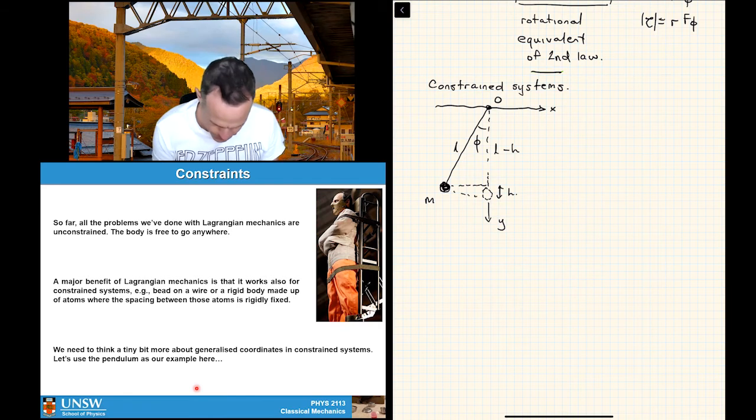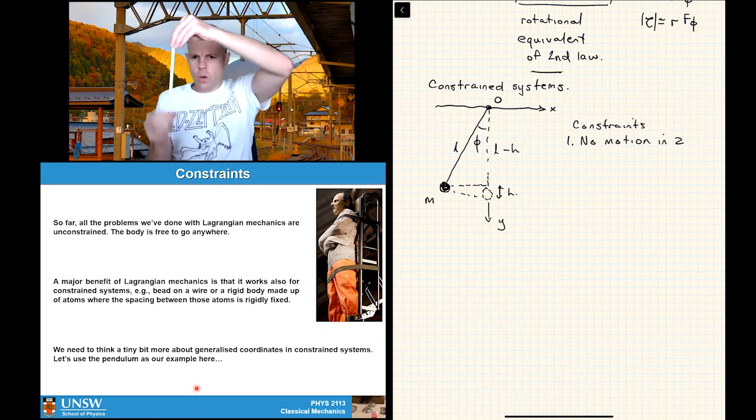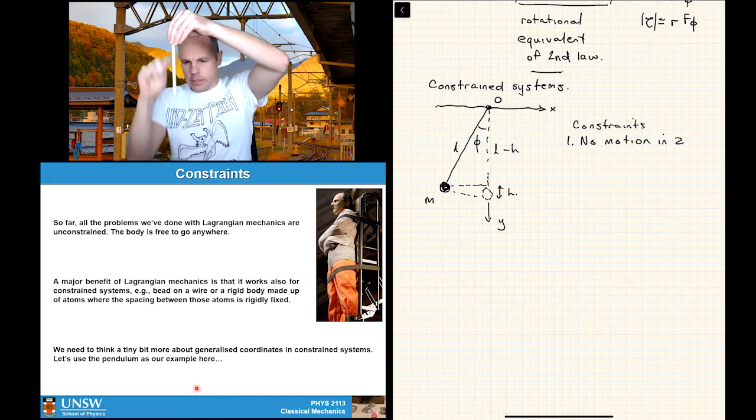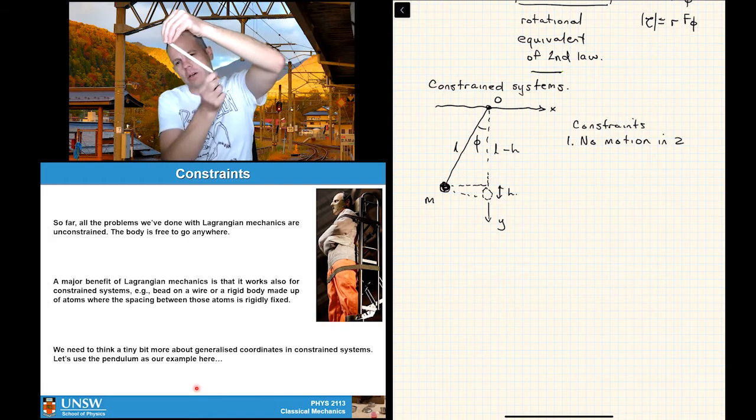So no motion in Z. And then we also know that if we consider x to be this direction, y to be this direction, there's a constraint on the x and y such that it's always x and y in such a way that it's got a fixed distance from the rotation point up here, okay?